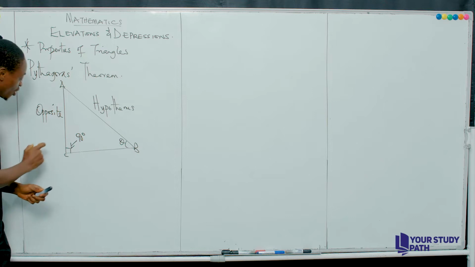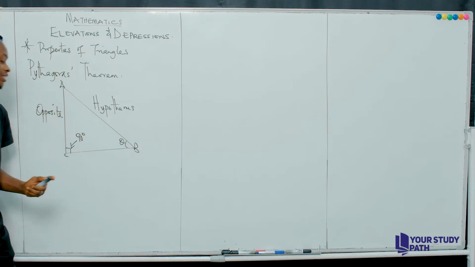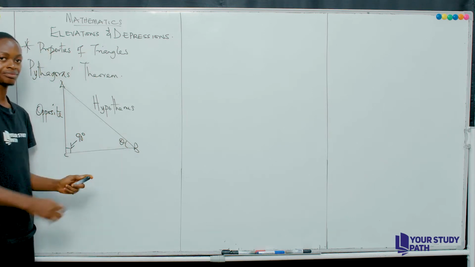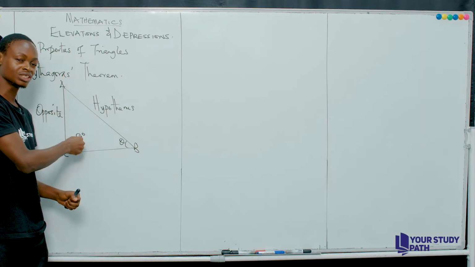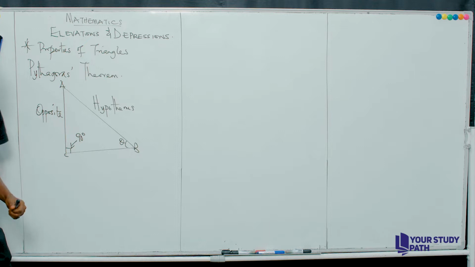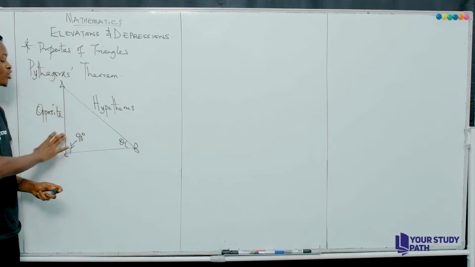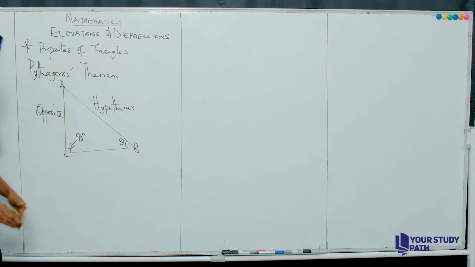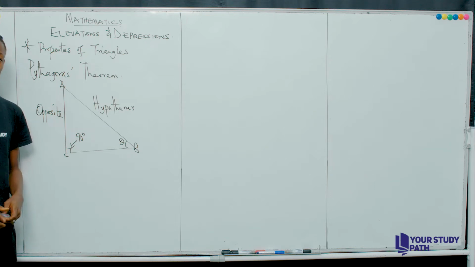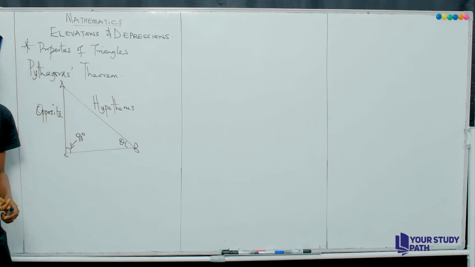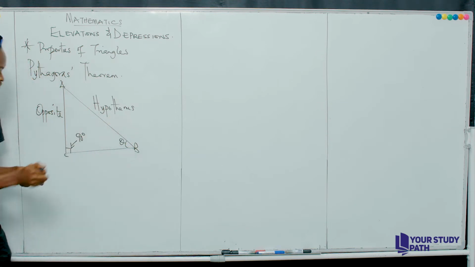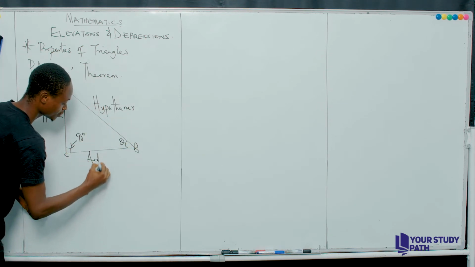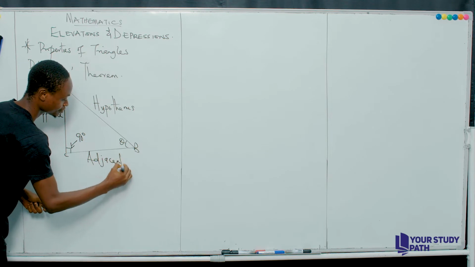So, in the choice of the opposite, you need the acute angle theta. In the choice of the hypotenuse, you need the right angle, which is 90 degrees. And then the side that is left, which is usually the side that is beside the acute angle, is called the adjacent.